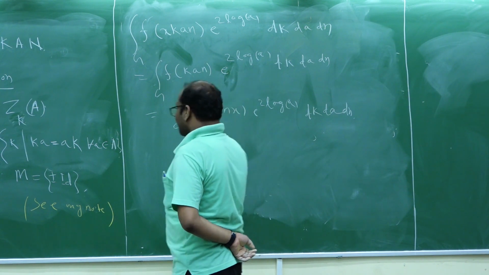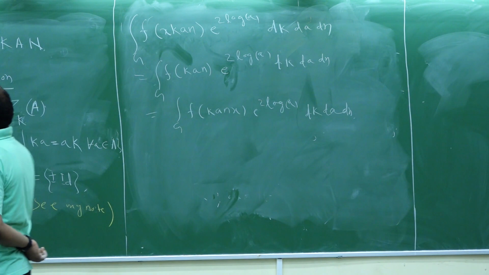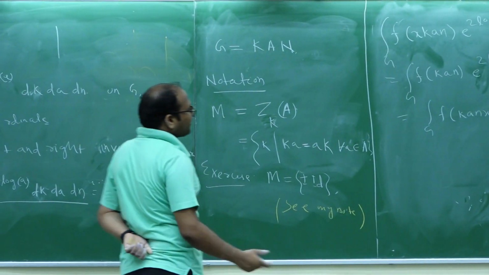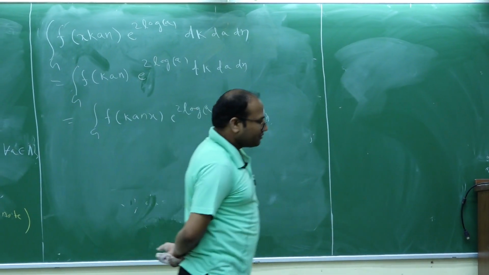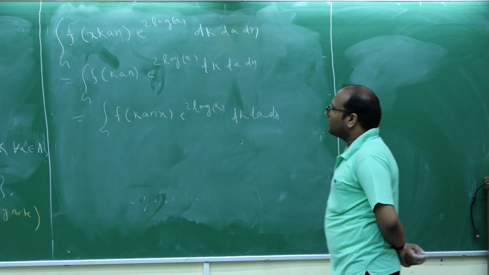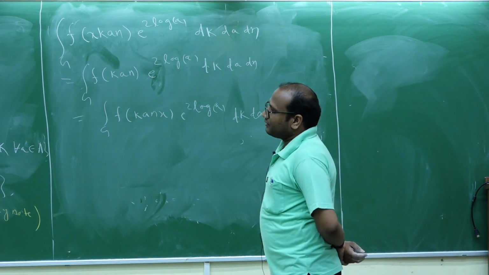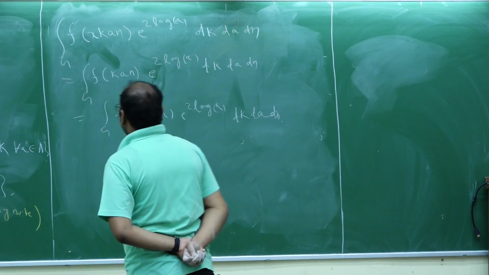So this measure is left invariant, right invariant, and this type of measure is called Haar measure, which you will study in detail. And this measure is unique up to a positive scalar multiple. So this is the thing. Tomorrow actually is my last class.